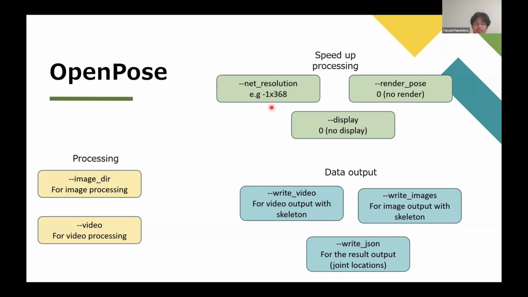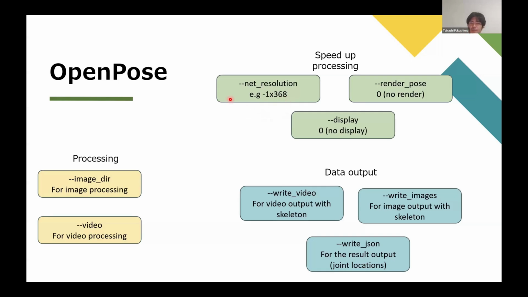So if your video or image is a 9:16 ratio, for example, then if you put -1 times 368, it will keep the ratio. It will automatically calculate the 9:16 ratio for 368.